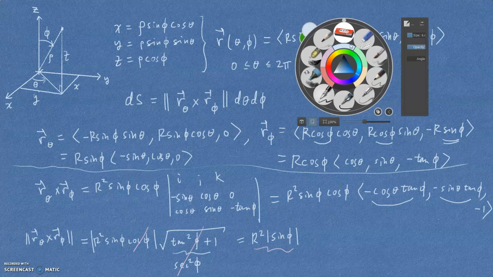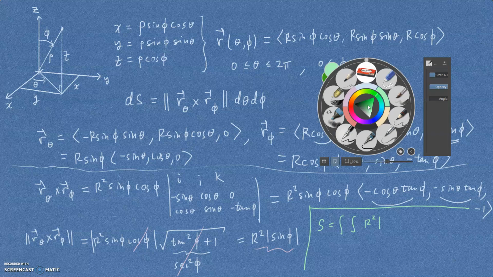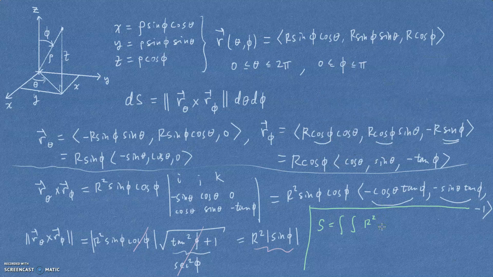Okay, I think I might have just enough room to squeeze in the final calculation here. So the surface area that we want is the following. The surface area is equal to this expression integrated: r squared magnitude of sine phi. You know what? Come to think of it, I don't think we need a magnitude on that, do we? Because phi is ranging from 0 to pi, and we do know that sine phi is positive in that range.